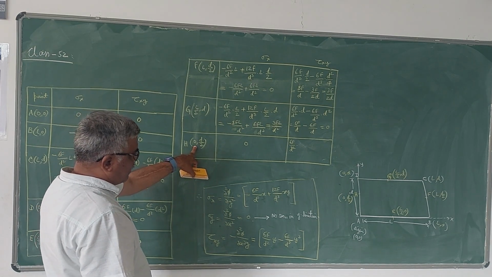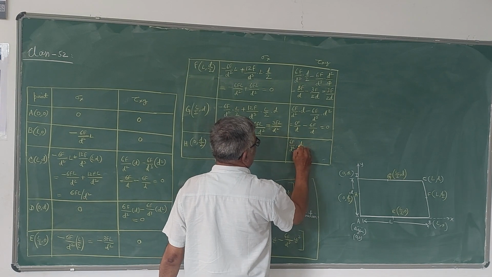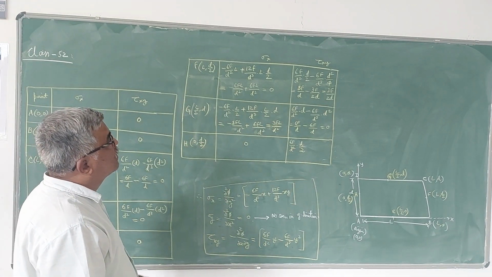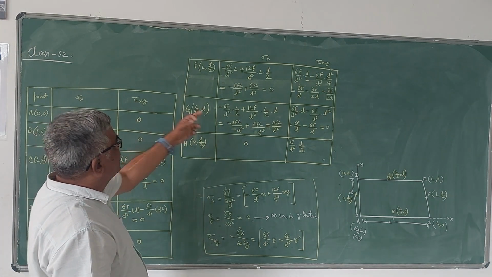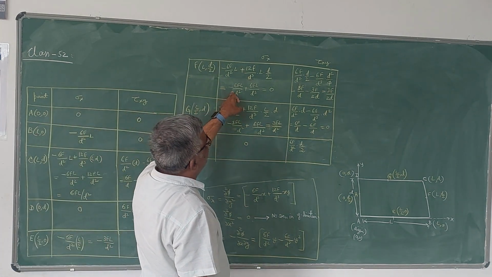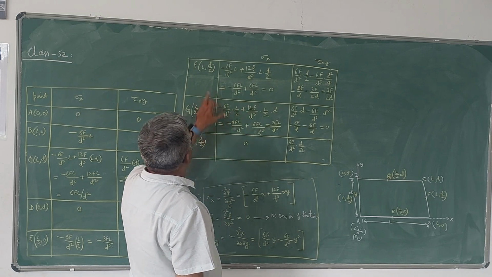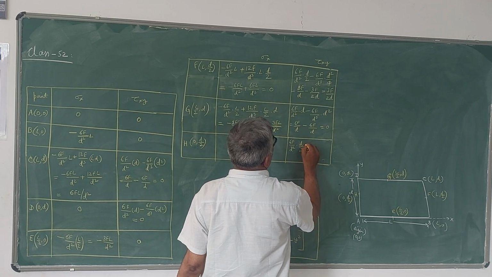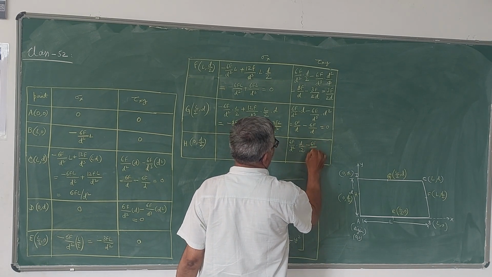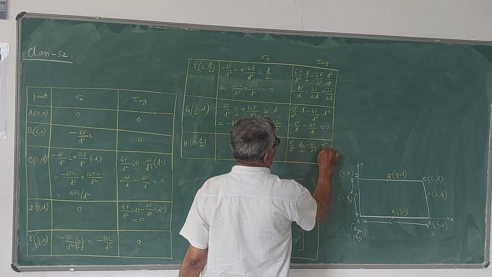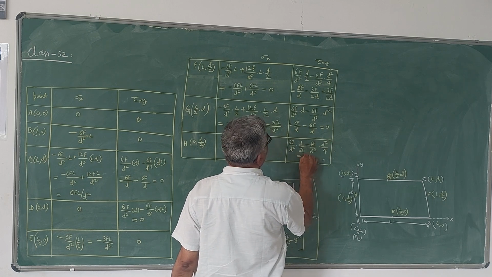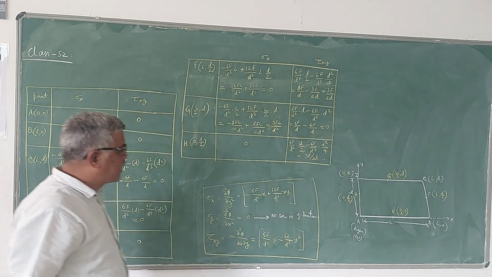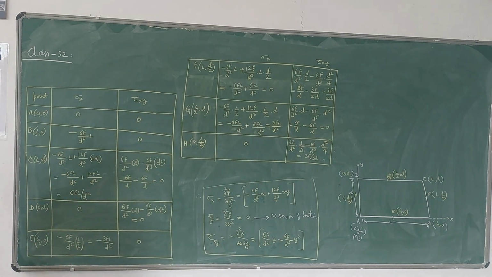Put x is equal to 0, y is equal to d by 2. It is the same value that will come. Next one, there is only the y term. So it will be getting 3f by 2d. Correct?